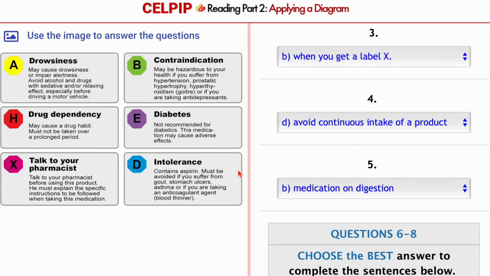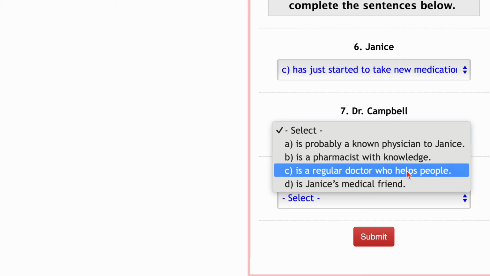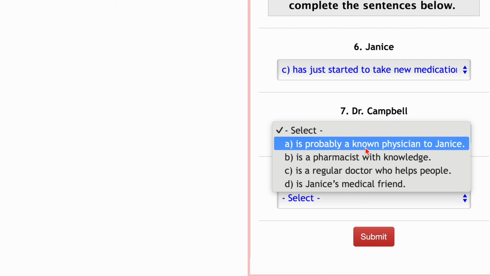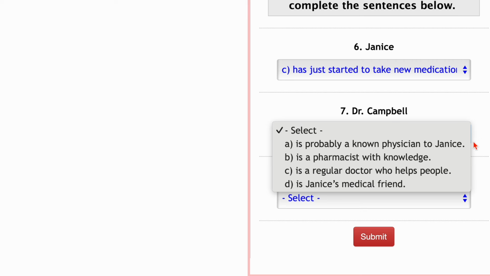Now, I wouldn't say it's Janice's medical friend because he says Dr. Campbell, and according to the email, there's nothing here which says friend. Here's the information that you requested regarding your diabetic medicine, which you recently received. Okay. Doesn't sound like they're friends and seems to me like doctor, so not friend.